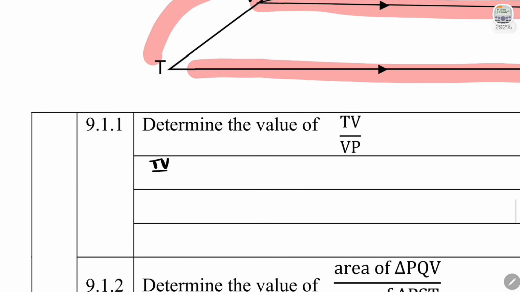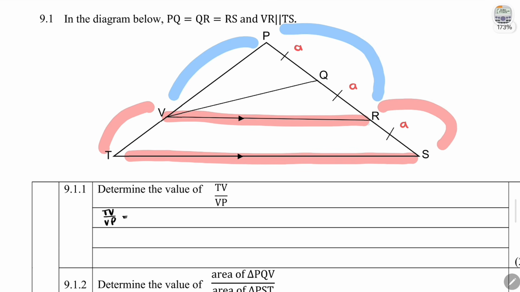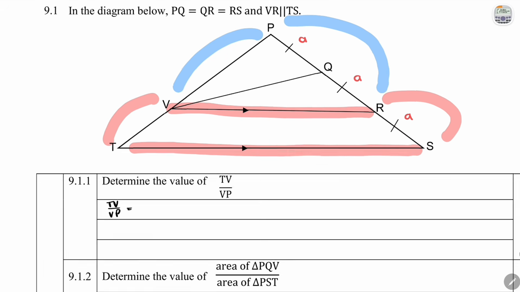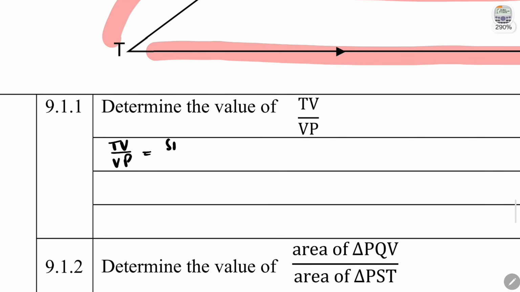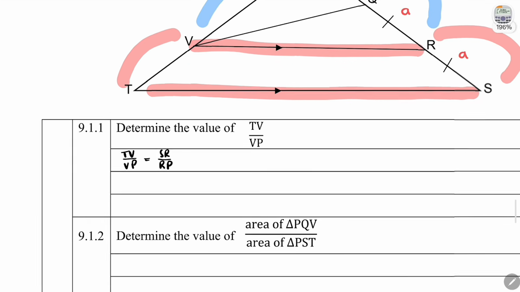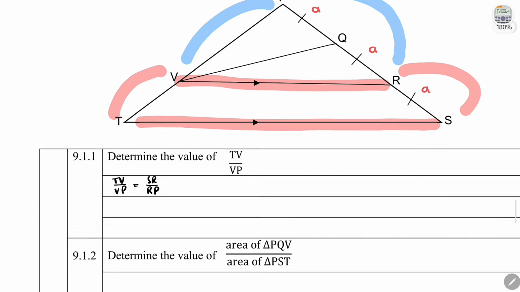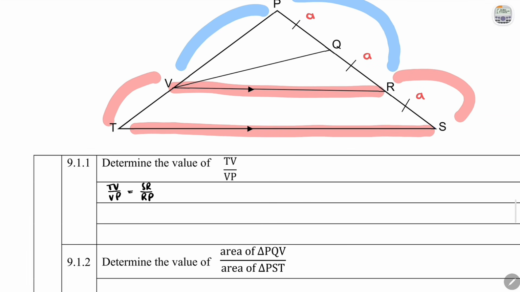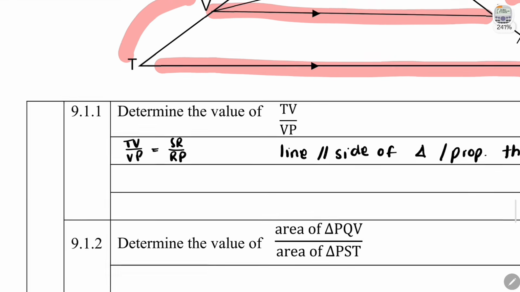We can tell them that TV over VP is equal to, and so that's going to pair with RS, or we can say SR over RP. So SR over RP. And the reason for this is because we have a line drawn parallel to one side of the triangle, or we could also say proportionality theorem. Okay, so that is what we have.